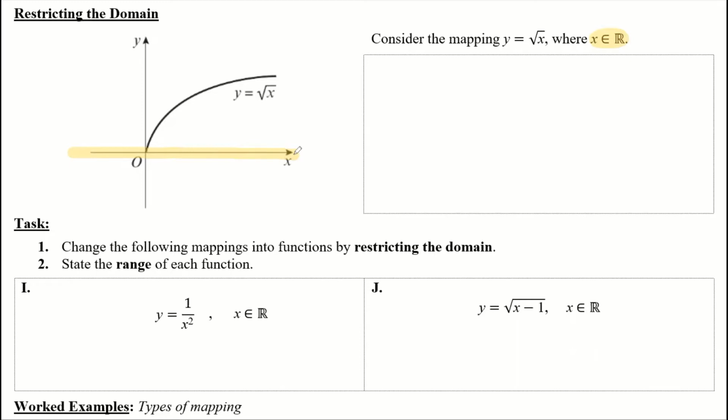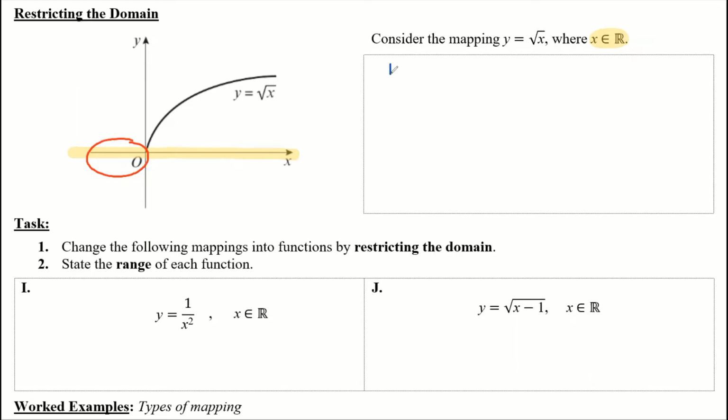So at the moment, this can't be a function because everything that is less than 0 on this side, all this stuff, has nowhere to go. You cannot take the square root of a negative number and get a real answer. So there is a problem. So this is not a function. So we'll just make a note of that.